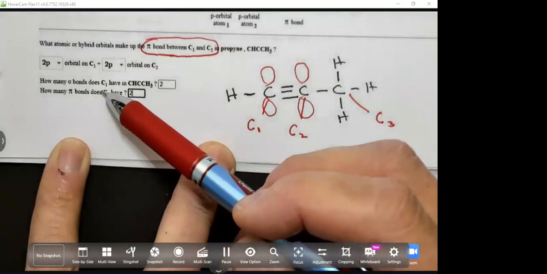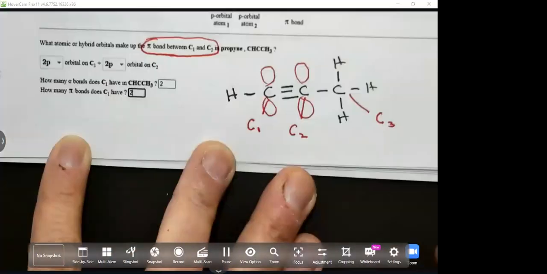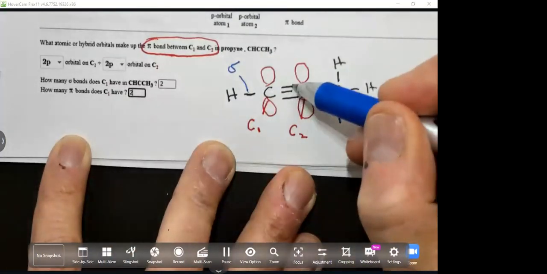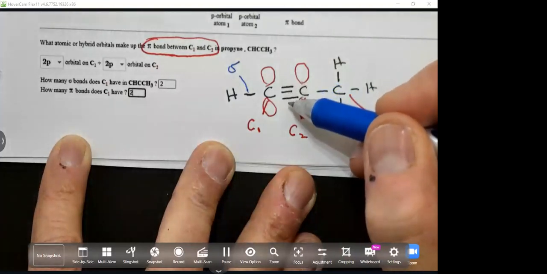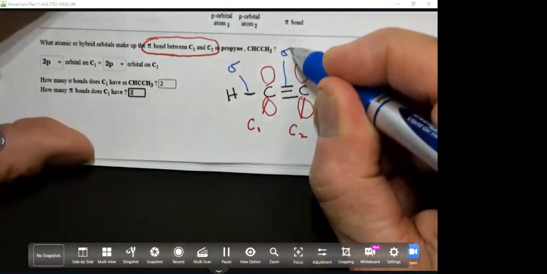How many sigma bonds does carbon 1 have? Switch colors. This is a sigma. And what is a triple bond? A sigma and 2 pi's, right? A sigma and 2 pi's. So one of these is sigma.